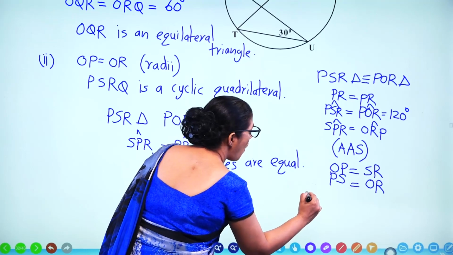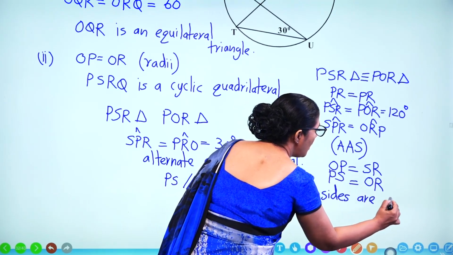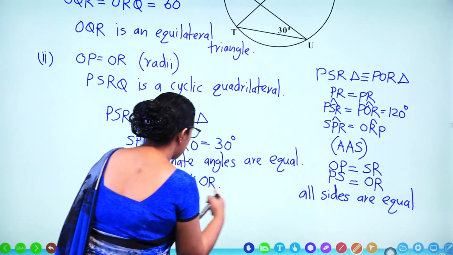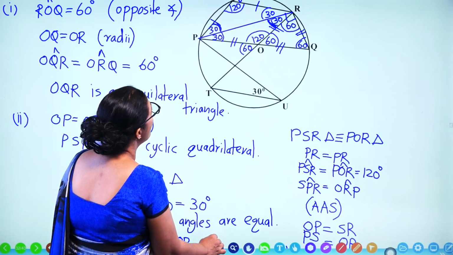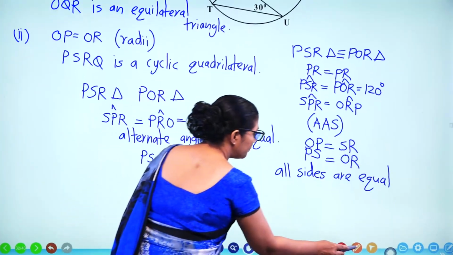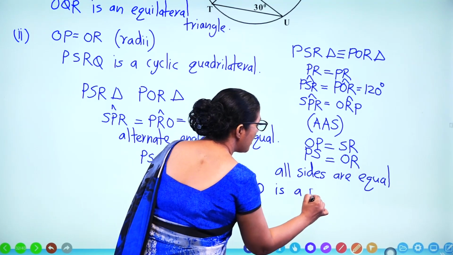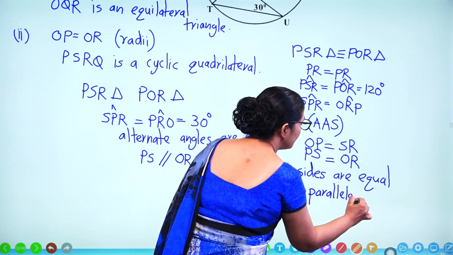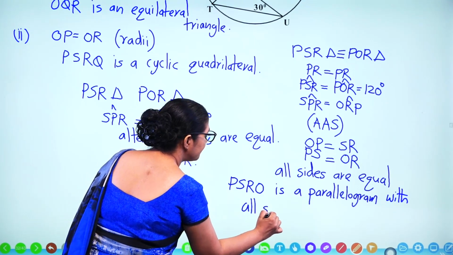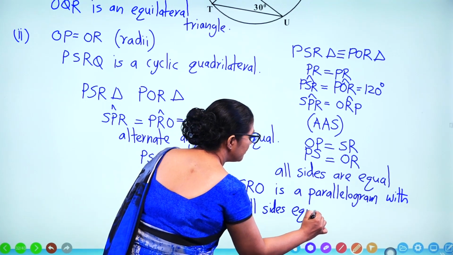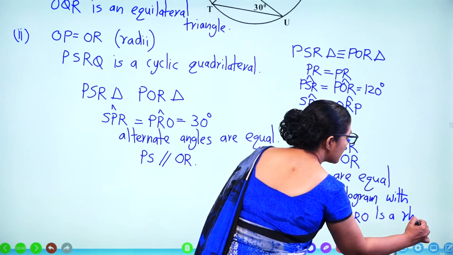So here you can write all sides are equal, and you can say PSRO is a parallelogram with all sides equal. Therefore, PSRO is a rhombus.